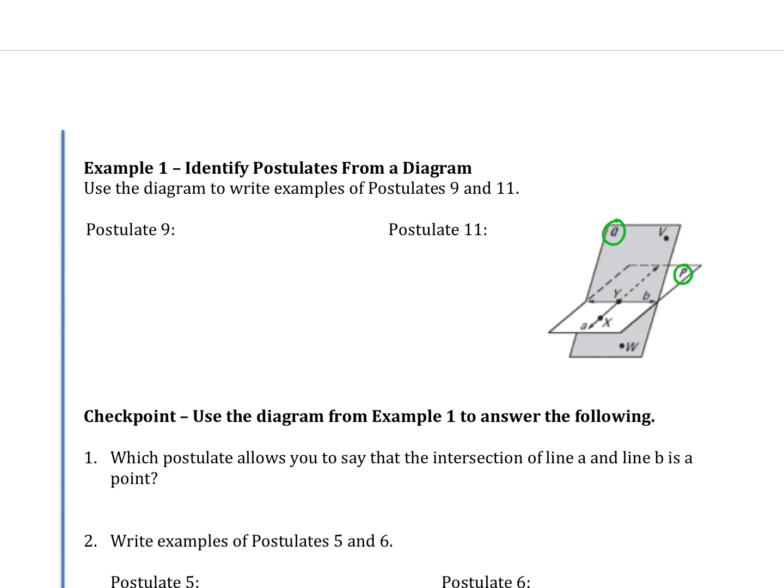Which one has 3 points that are not in a straight line? Hopefully you can see that plane Q contains which 3 points that are not in a straight line? Well, we have V, Y, and W. That would be an example of postulate 9.